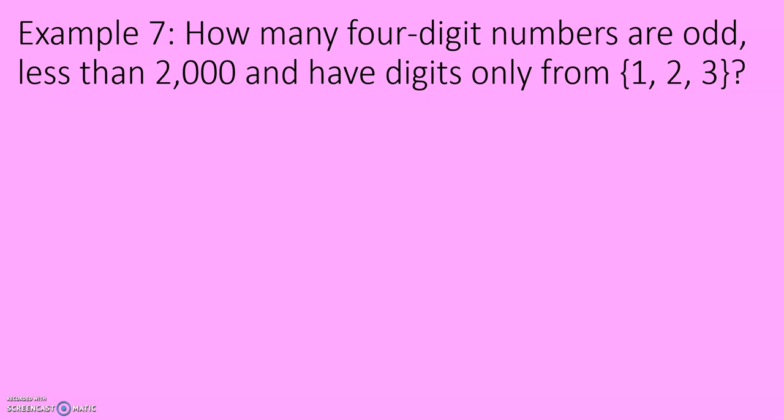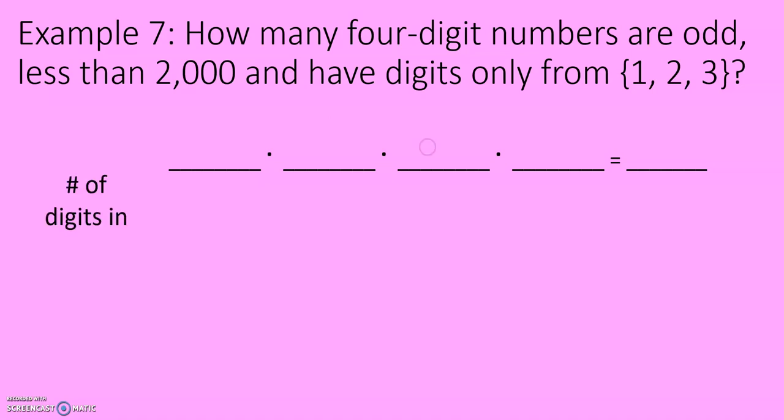How many 4-digit numbers are odd, less than 2,000, and have digits only from the set 1, 2, and 3? In the 1,000s place, we want a number less than 2,000, so we're not going to use the 2 or 3. We have one option there.